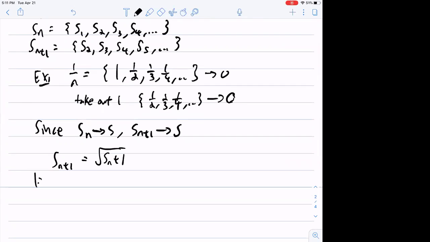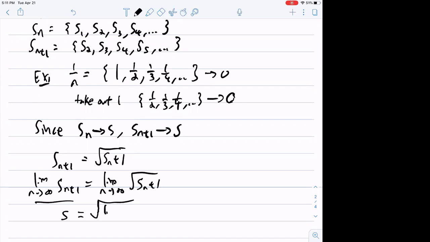So taking limits on both sides. And I think you had a theorem that allows you to move the limit inside the root. So this part is just S, right? So this is the square root, and this is root S plus 1, right?